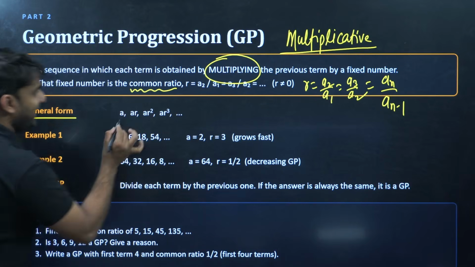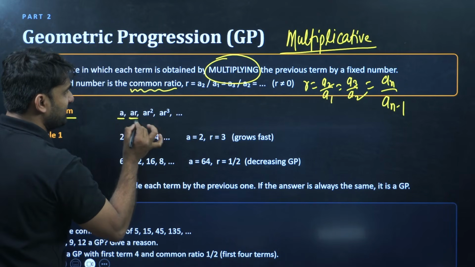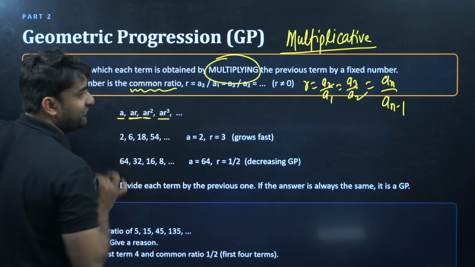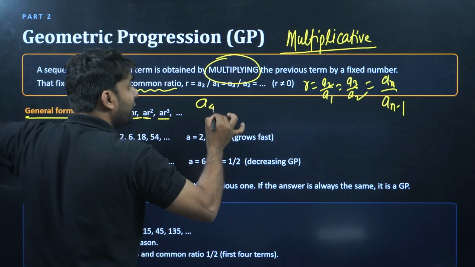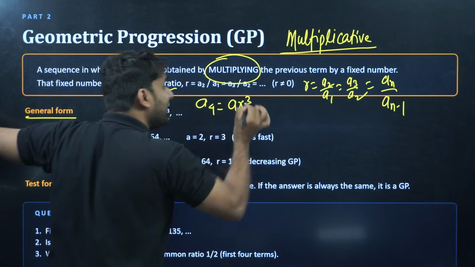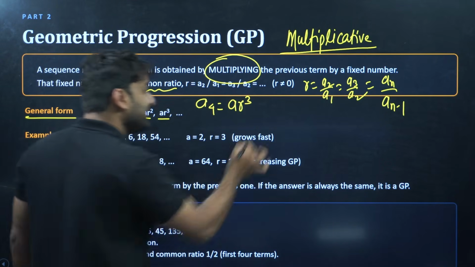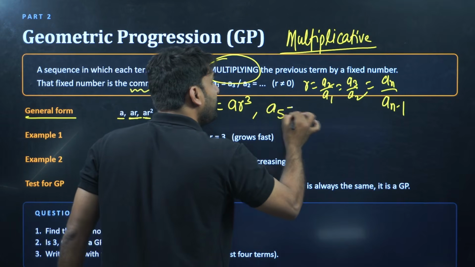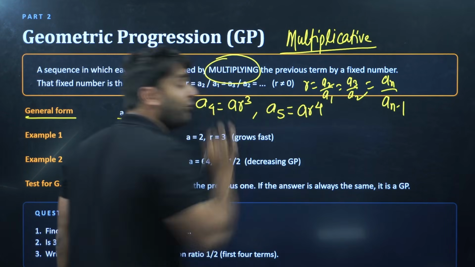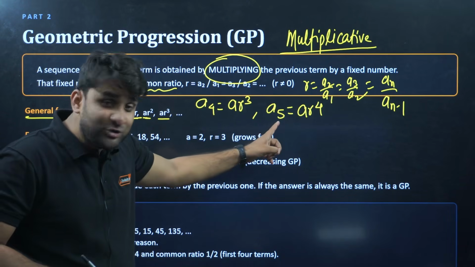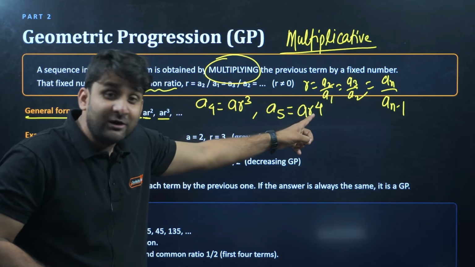The general form is a, ar, ar squared, ar cubed. This is the first term, this is the second term, this is the third term, this is the fourth term. So, my dear, for the fourth term we are using ar to the power 3. For the fifth term we are using ar to the power 4. So according to the position of the term, the power of r will be 1 less.